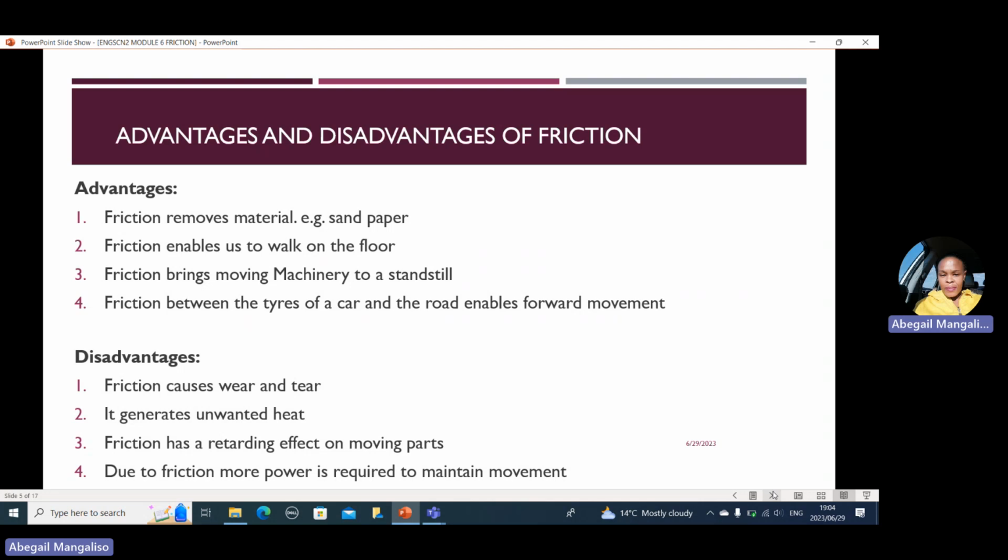It generates unwanted heat. Friction has a retarding effect on moving parts. If you still remember the term retardation from Module 1, retardation is the negative acceleration. So friction is a tendency of slowing down the objects. And due to that friction, more power is required to maintain the movement.